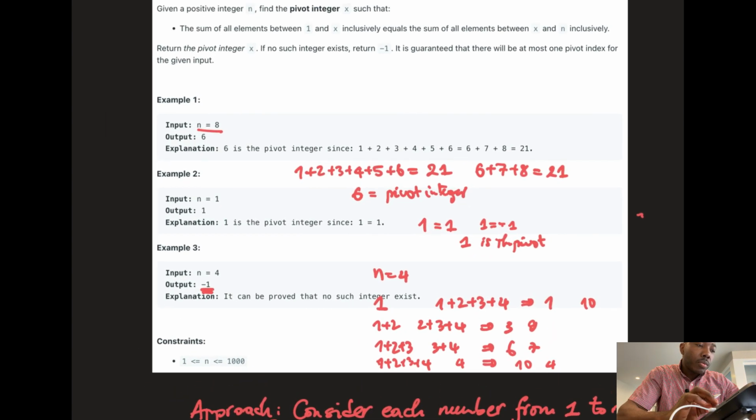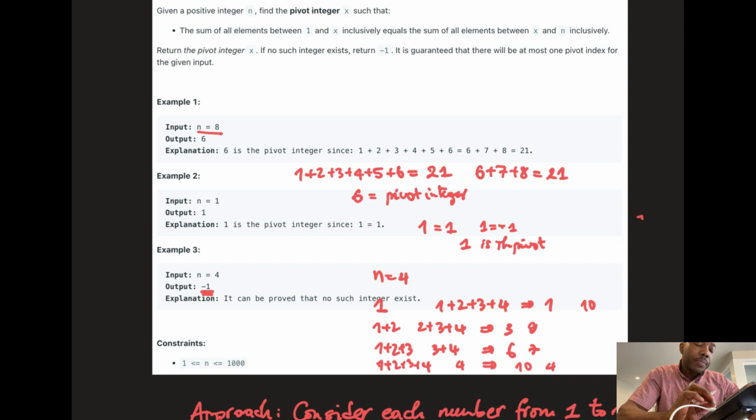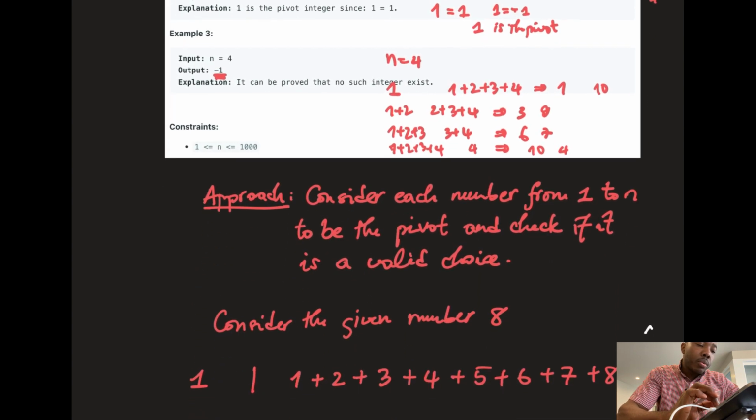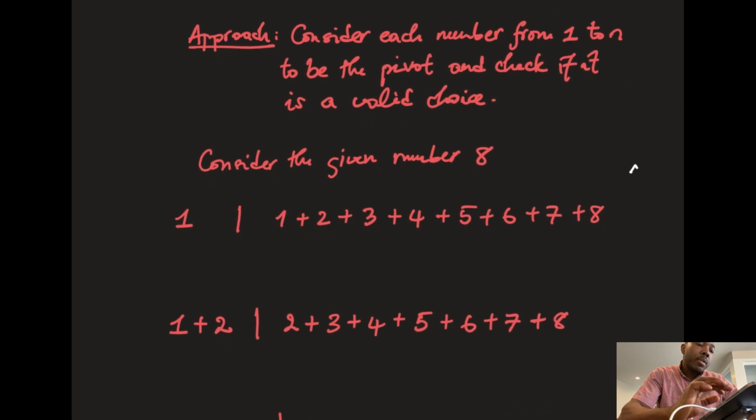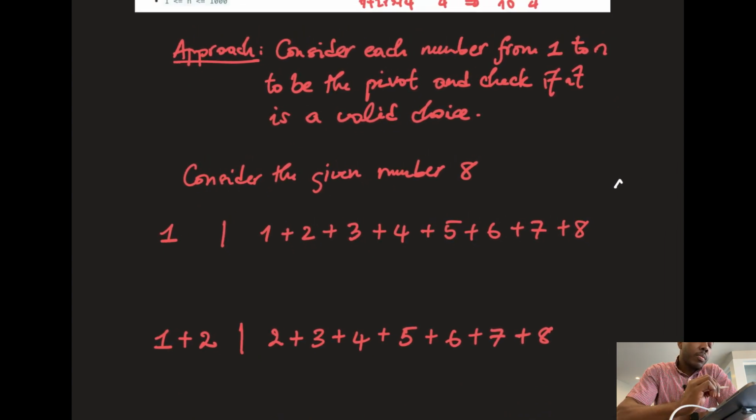Okay, so we understood the different examples, and an approach comes to mind. In order to solve the problem, we will try all the numbers from 1 to n. We will check if each number can be considered as a pivot: if the number 1 is the pivot, if the number 2 is the pivot, if the number 3 is the pivot.